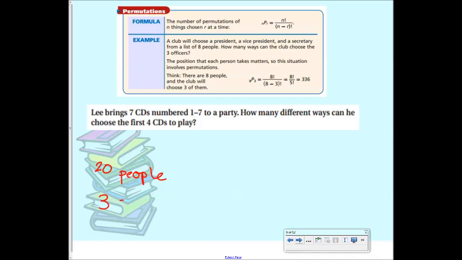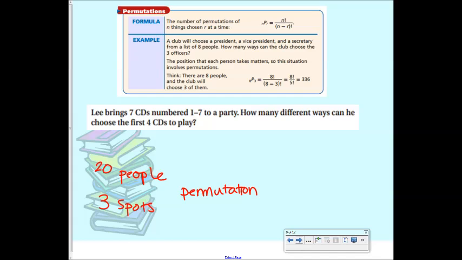So on your calculators, to do this, so that you don't have to use that formula, what you can do is press 20. Now press PRB. So you're pressing 20 and then you're pressing PRB. And because it's a permutation, you're going to select NPR. So that first one.